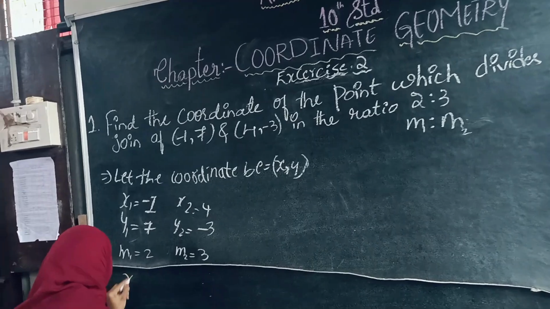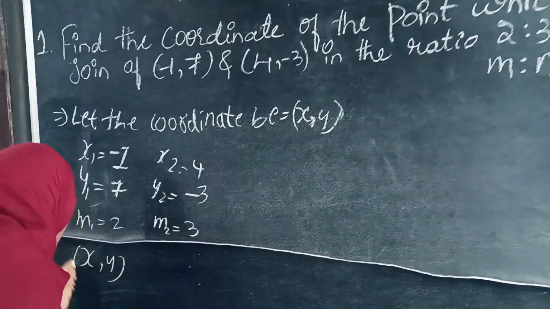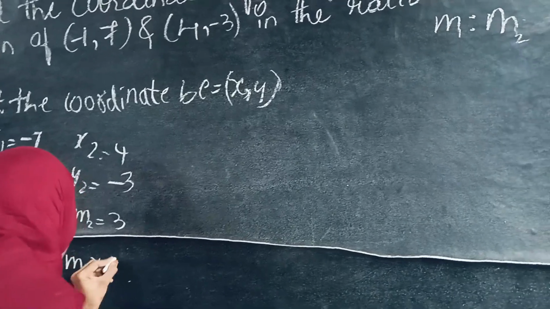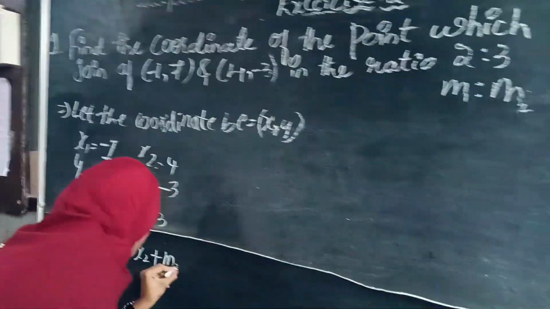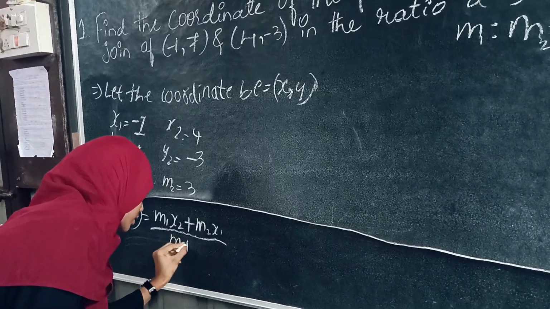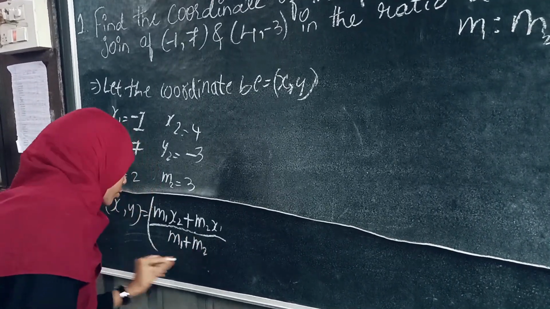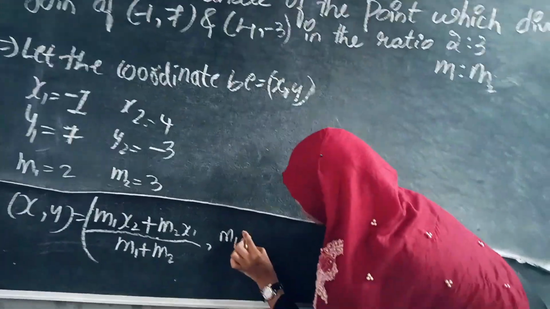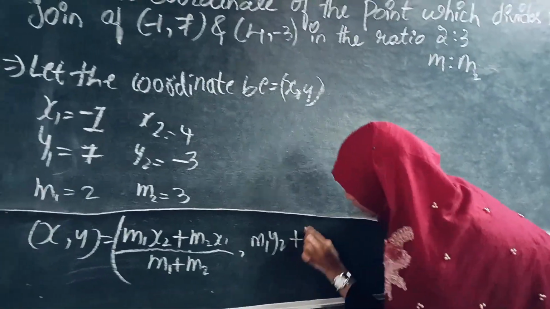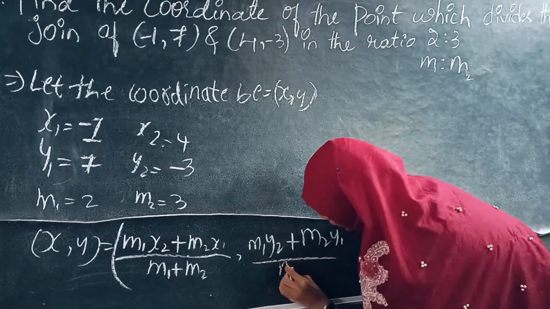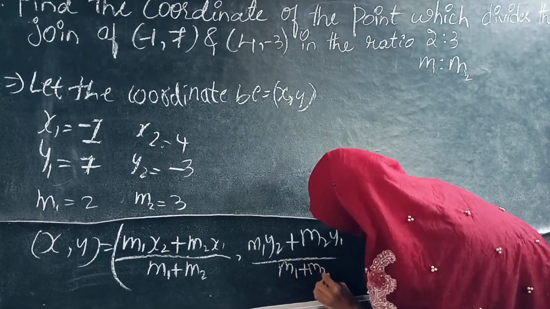Section formula: x comma y is equal to m1 into x2 plus m2 into x1 divided by m1 plus m2, comma, m1 into y2 plus m2 into y1 divided by m1 plus m2.